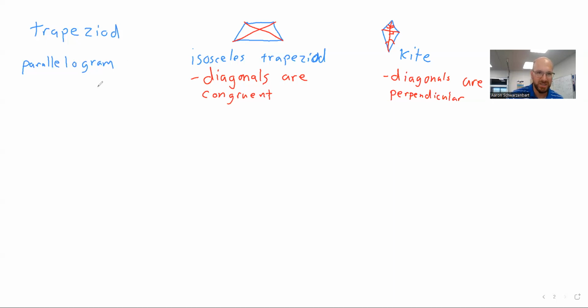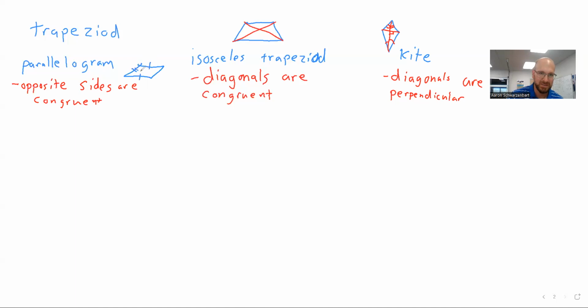So the parallelogram is going to have a lot. So I'm just going to start writing them out. First one, opposite sides are congruent. That means they're the same length. Here's my parallelogram.